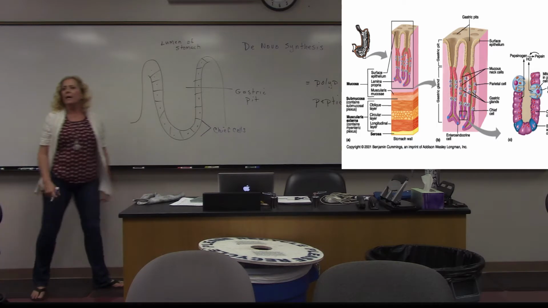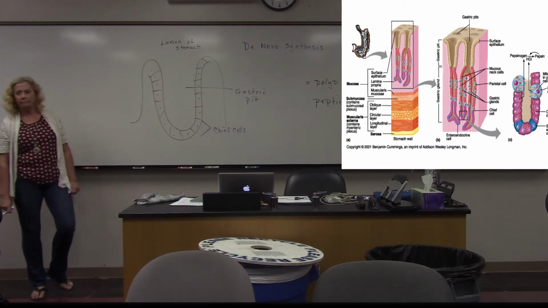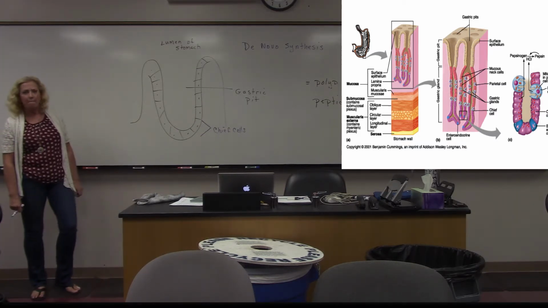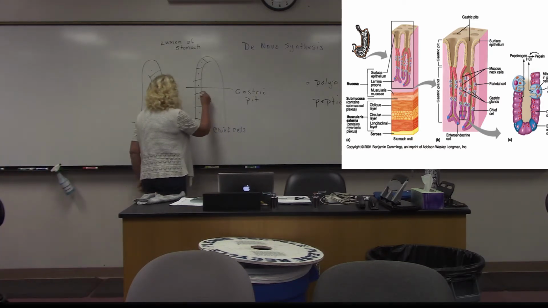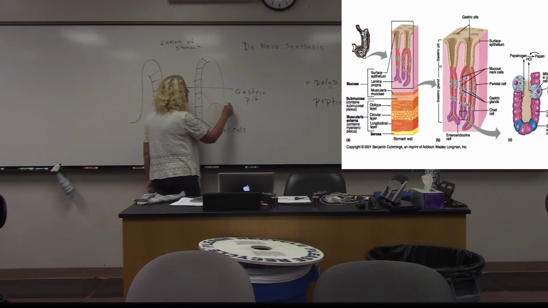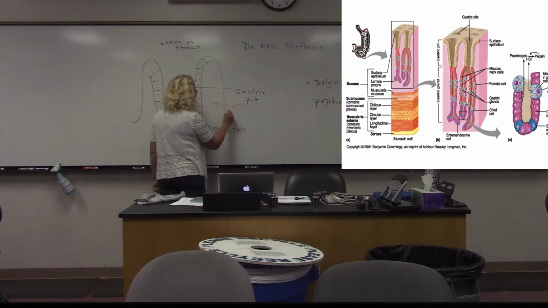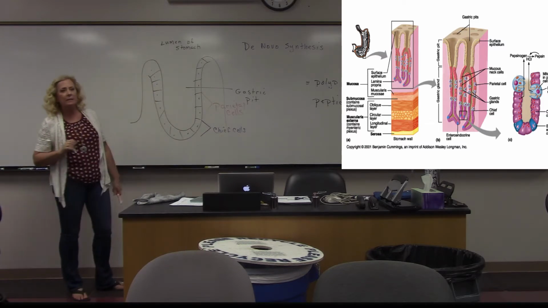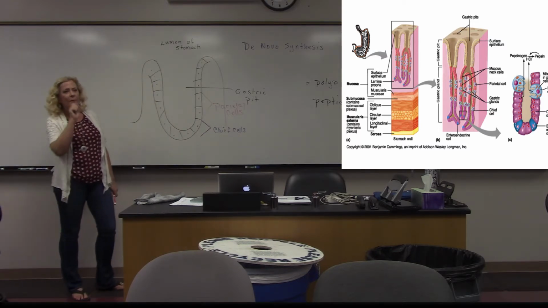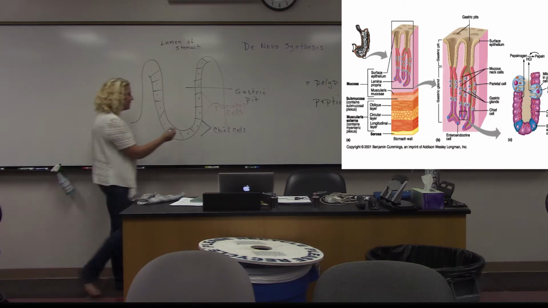And chief cells secrete what? Do you remember? They don't secrete hydrochloric acid. Those are the next guys, which are the parietal cells. They're going to be responsible for the hydrochloric acid. So what are the chief cells making? Charlia, what are they making? Pepsinogen. Perfect, that's exactly right.